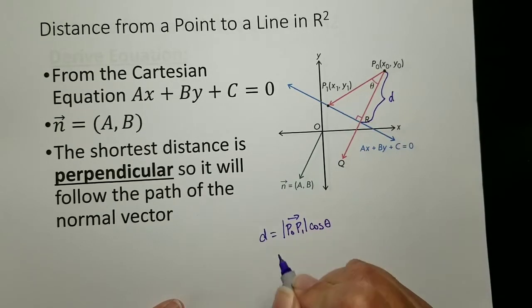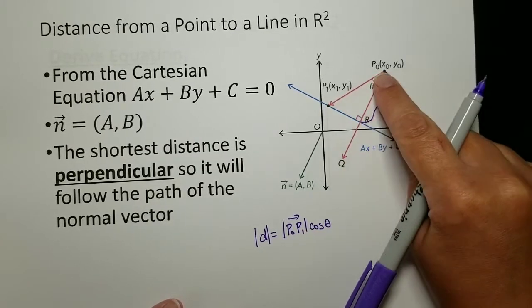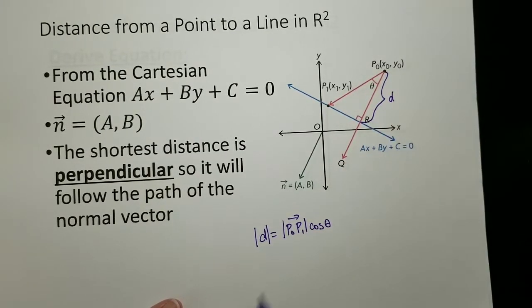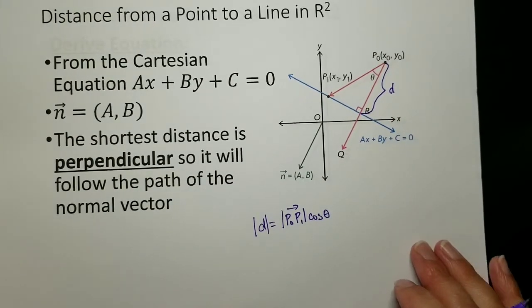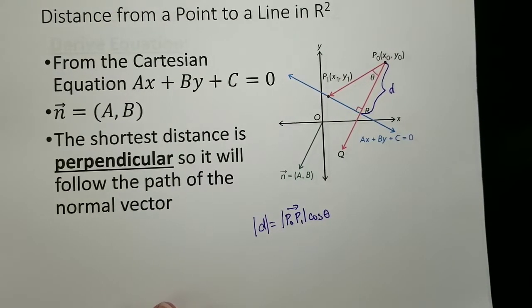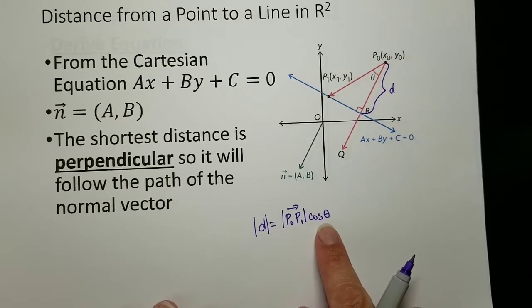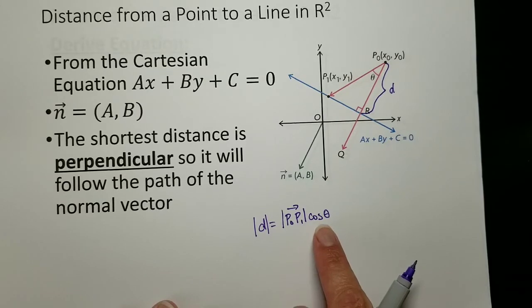So the magnitude of the distance is equal to the hypotenuse times cos theta, because this distance is on the adjacent side. Now we'll take a look at what that means in terms of finding an expression for this.